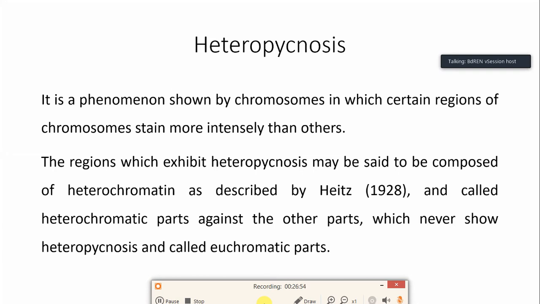That's why the heterochromatic regions are also denoted as heteropycnosis, due to their color-taking activity, and are called heterochromatic parts against the other parts. Heterochromatin is one side, and on the other side the other parts which never show heteropycnosis or do not take much stain are known as euchromatic parts.